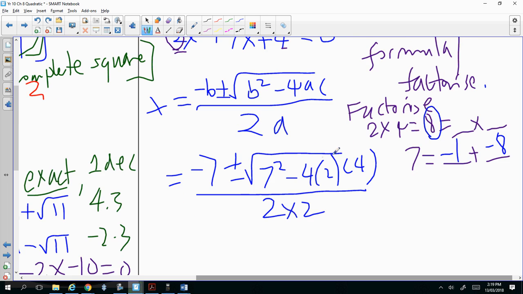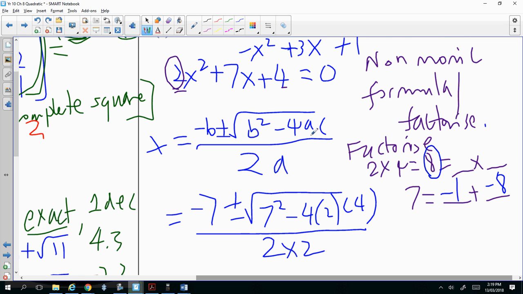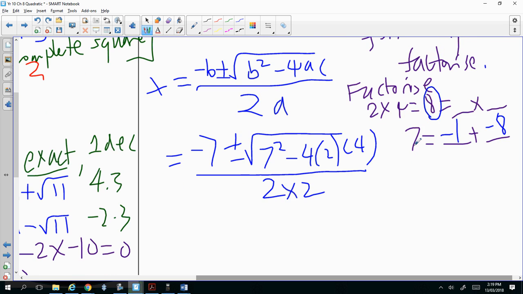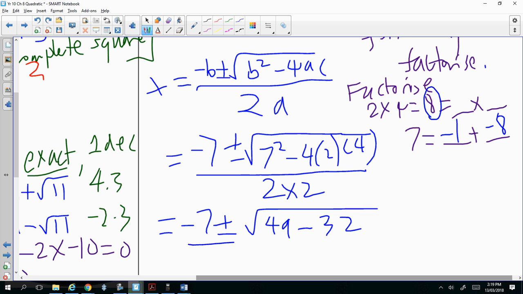So you go like this: 49 minus 4 times 4 times 2, which is 32, over 4. 49 minus 32 is 17. Okay, so you just go like this. Done. You don't have to simplify, because you can't simplify.